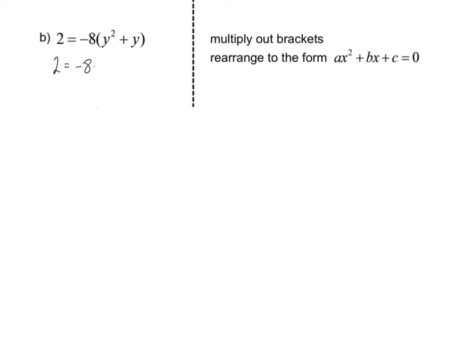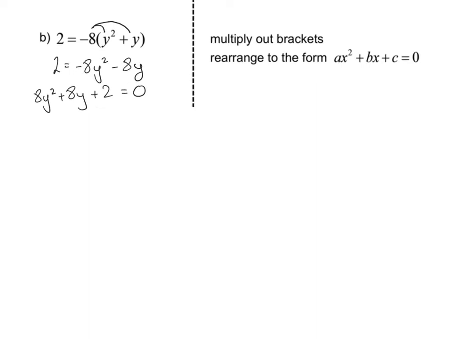That's negative 8y squared, multiplying these two, and negative 8 times positive y is negative 8y. I've then got to try and bring everything across to the left hand side, so I'm going to end up with positive 8y squared plus 8y plus 2 equals 0.